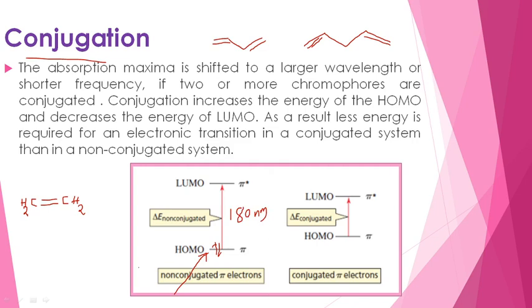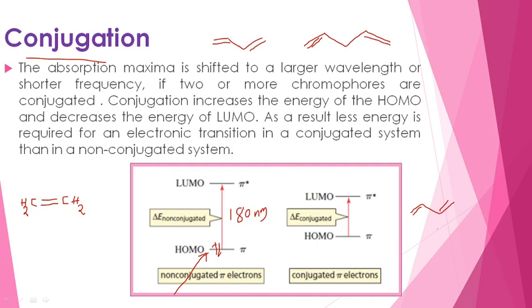Now if the ethylene system is converted to a conjugated system, that is, if I connect it with another ethylenic double bond like this, this is the non-conjugated system's absorption, and this is 1,3-butadiene.